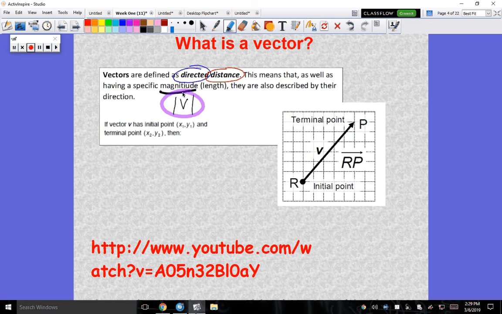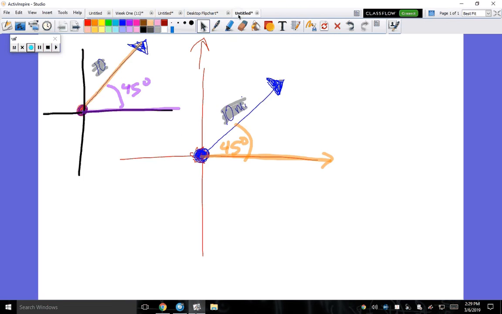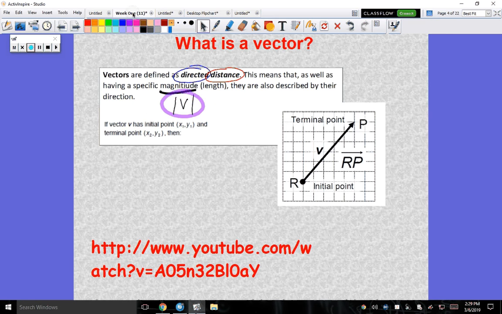You can look at this and say, I'm traveling 10 miles, or you can look at this and say, this wind is traveling at 10 miles per hour. So a magnitude can be like a velocity, but it could also just be a distance. You with me? Two different representations of magnitude. So direction is going to be theta.